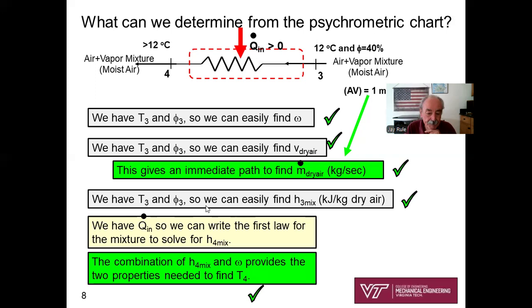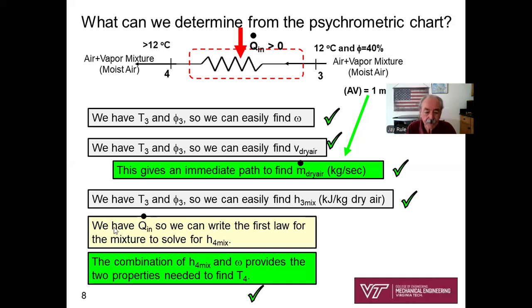Since we've got the state pinned down, we have T3 and phi3, the relative humidity, it's easy to find the enthalpy of the mixture, h3 of the mixture, and the units of that on the psychrometric chart are going to be kilojoules per kilogram of dry air, not just kilojoules per kilogram.